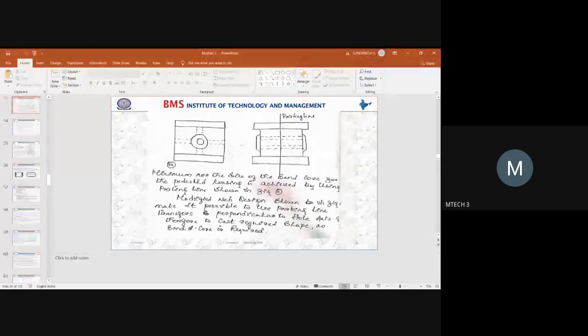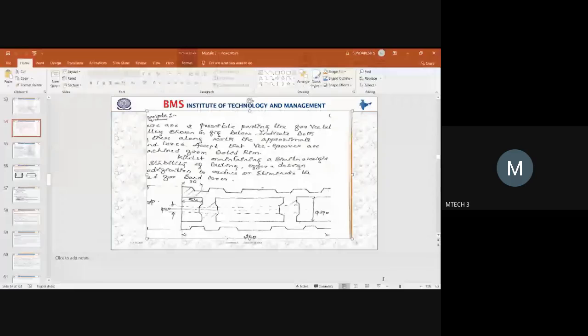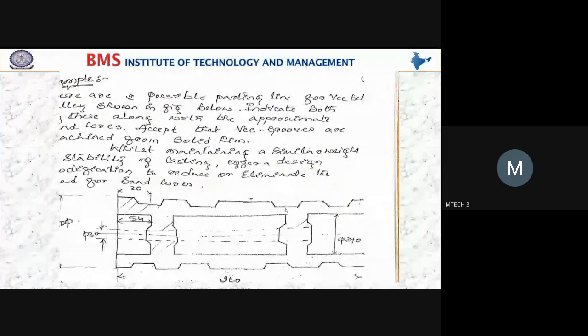Please note down this problem. There are two possible parting lines for a V-belt pulley shown in the figure below.